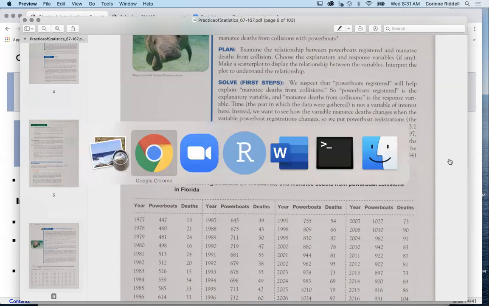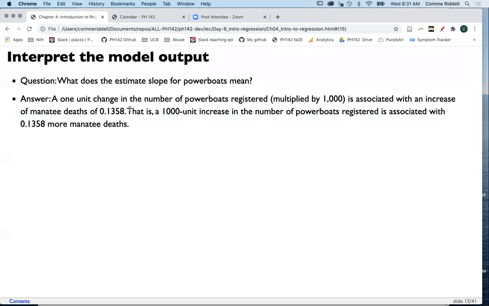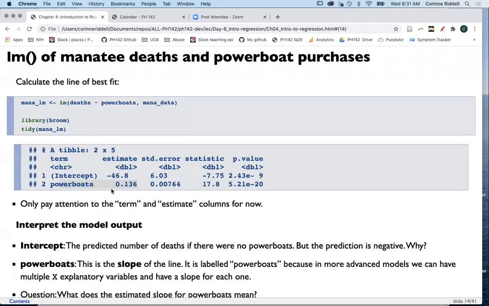Okay, so if we go to that estimate of the slope, this is saying for every 1 unit change in the number of powerboats registered, so 1 unit would be going from 447 to 448, but actually it means going, let me write this down, from 447,000 to 448,000, the number of deaths goes up by 0.136.